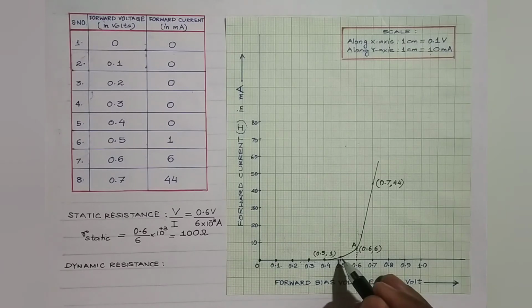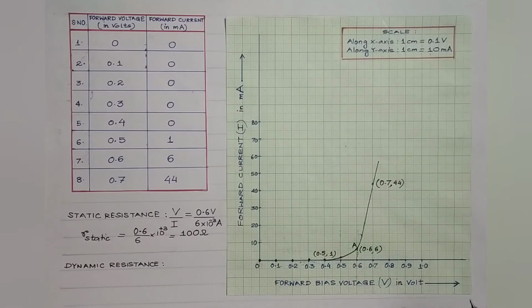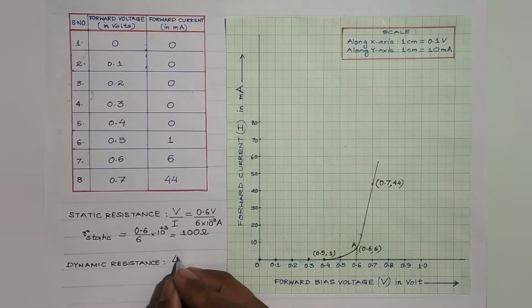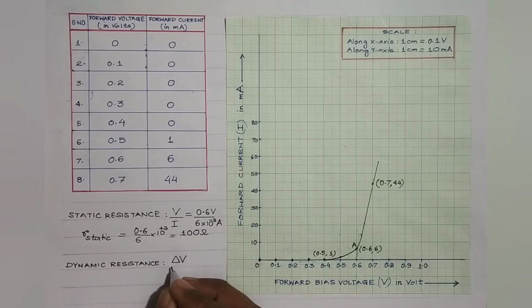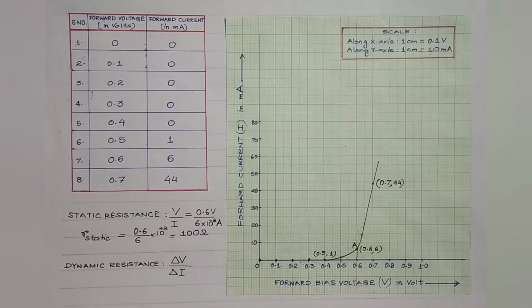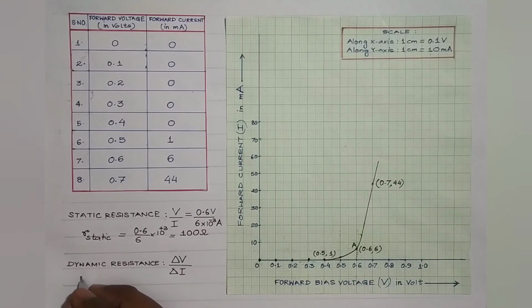It depends upon the applied voltage. Right? So this resistance is defined as the ratio of the small change in the forward voltage to the small change in the forward current. This is known as the dynamic resistance or AC resistance.